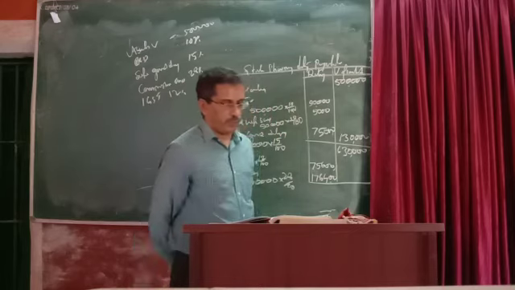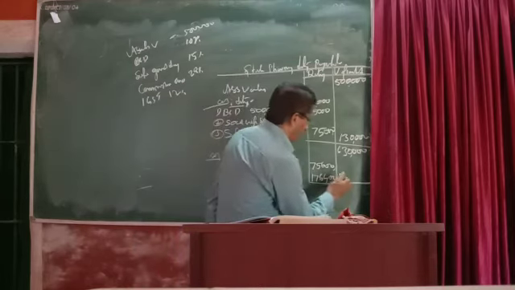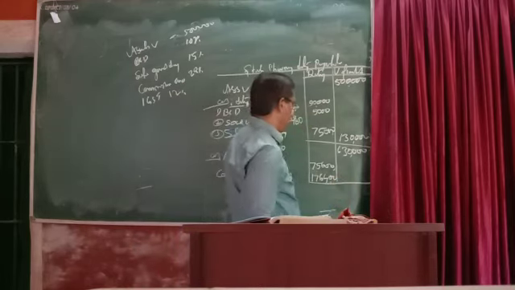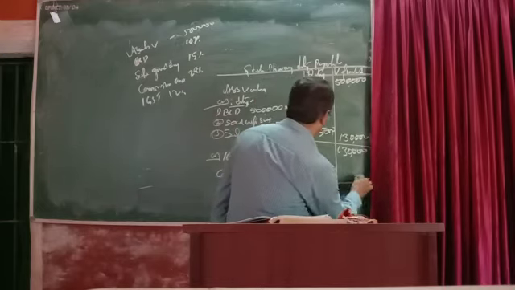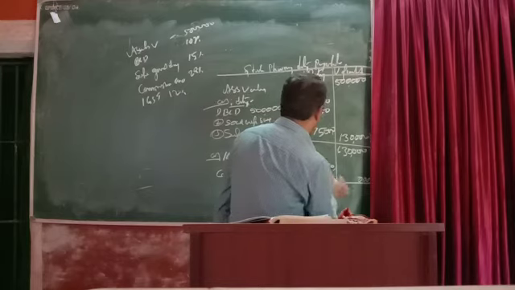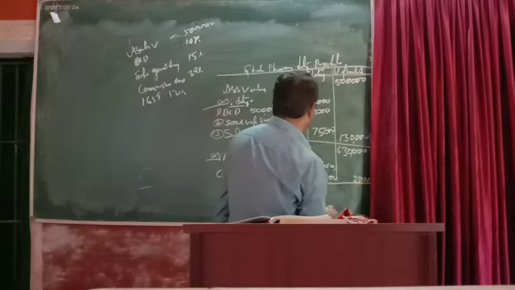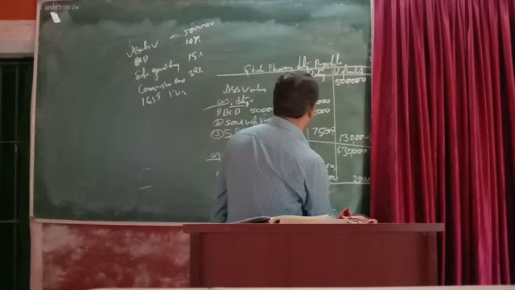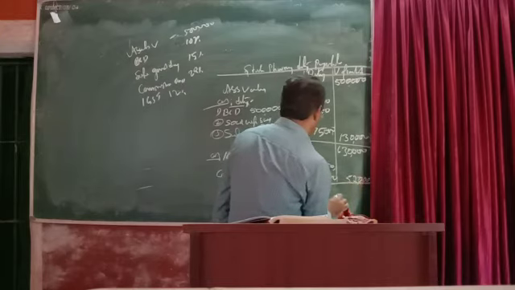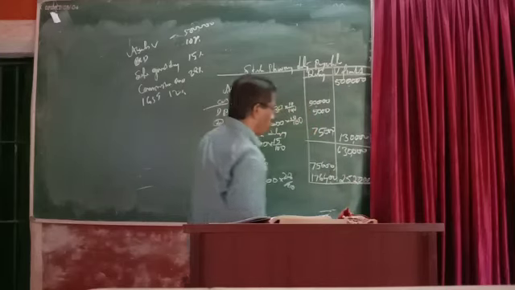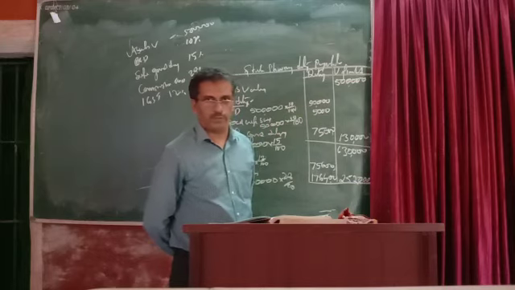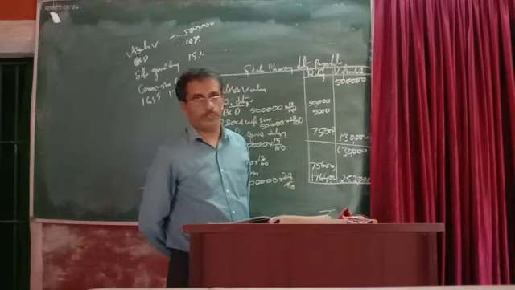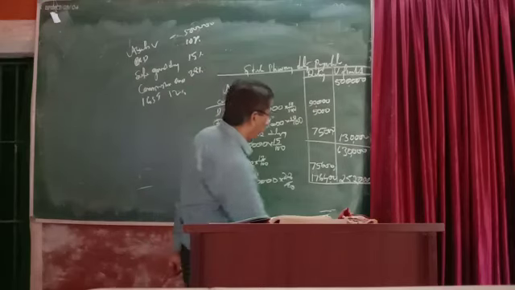Do the total and put it in the outer column. That totally should be 2,52,000.